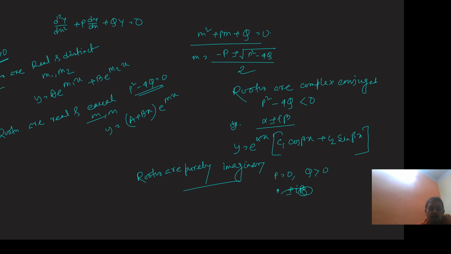That means the auxiliary equation is m square plus beta square equal to 0. m is equal to plus minus i beta. The solution is of the form y is equal to c1 cos beta x plus c2 sin beta x.